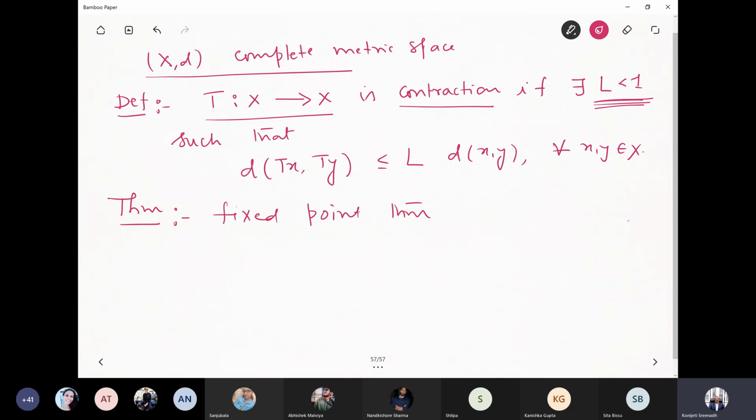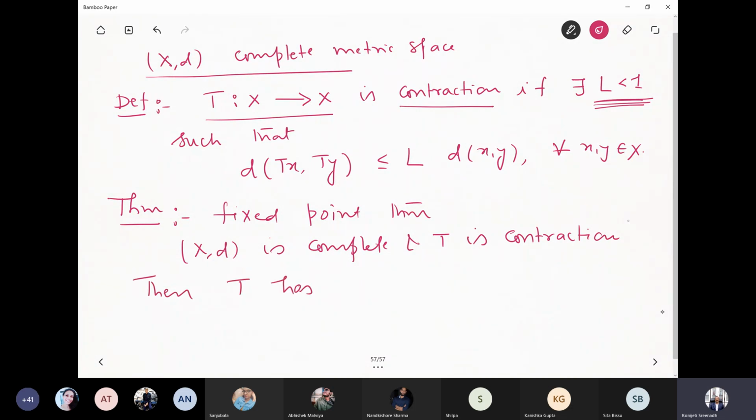If X is a complete metric space and T is a contraction map, then T has a unique fixed point.